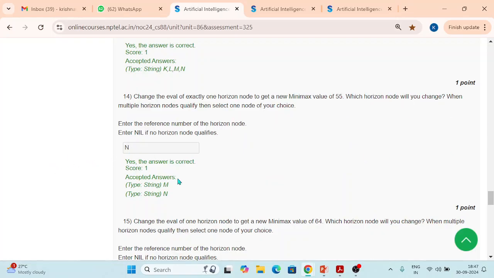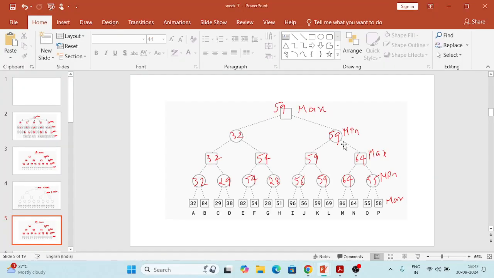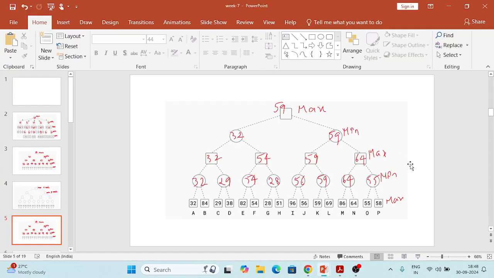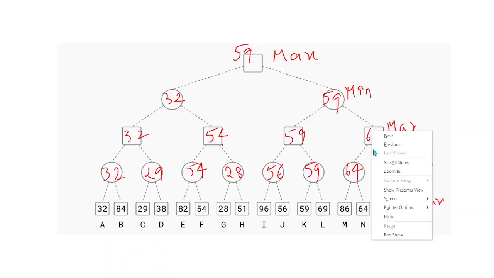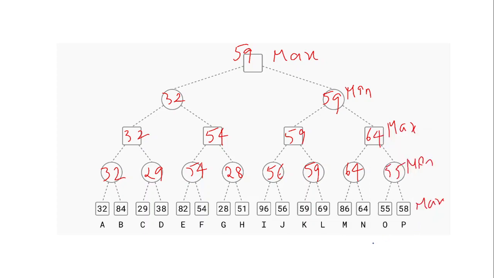N is the node. Next, change the evaluation of one horizon node to get a new minimax value as 64. Now they ask you to change only one value to get the value as 64. Follow the same procedure where we are having the 64.